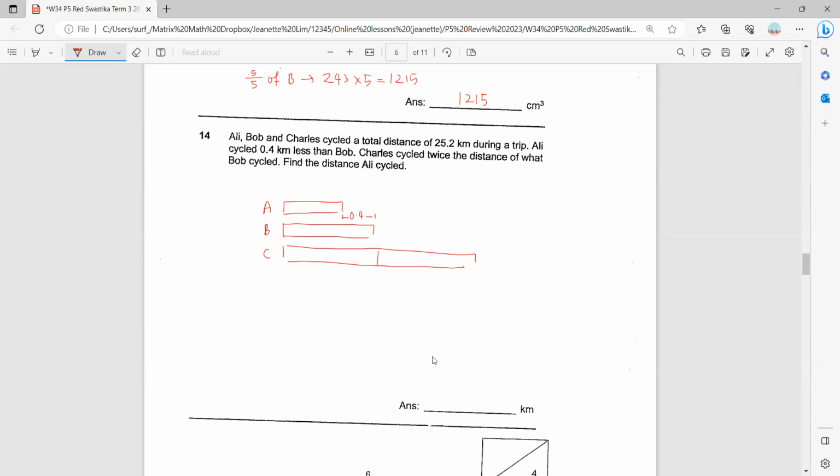Find A. The total is 25.2 km. In order to make everything into units, I will have to add 0.4 in. If I add 0.4 in, I'll get 4 units. I'll make A into 1, B 1, C 2, so 4 units.